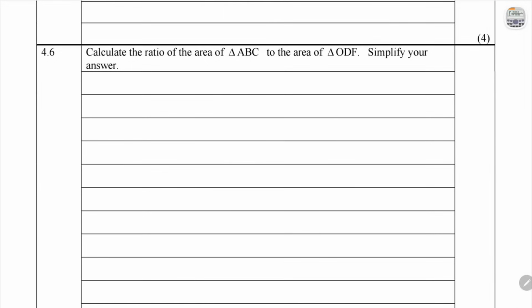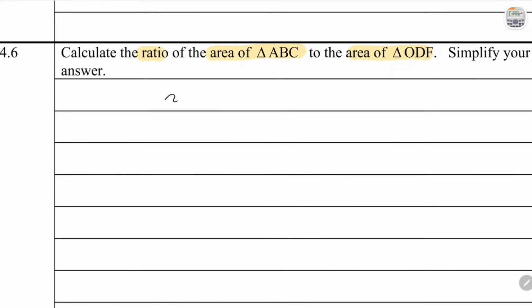Question 4.6 says, calculate the ratio of the area of triangle ABC to the area of triangle ODF, and simplify your answer. Okay, so they want us to find what the area of triangle ABC is to the area of triangle ODF.